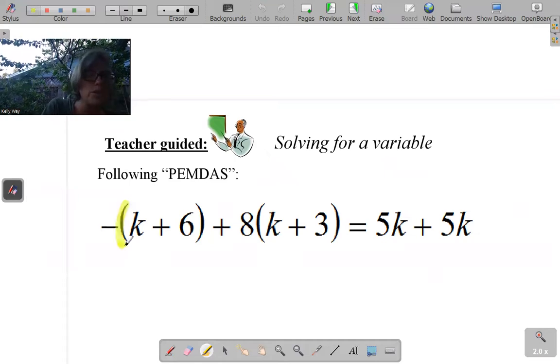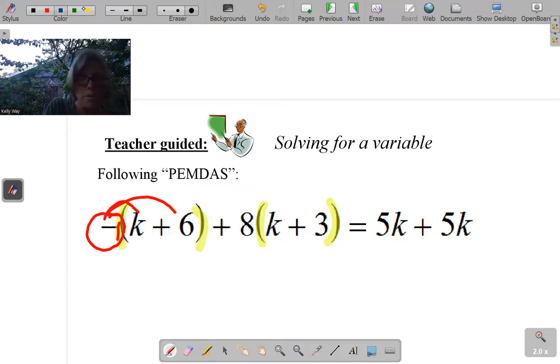When you deal with distribute, I always want you to circle distribute. Circle distribute. Do not distribute in your head. So for example, this negative sign technically is -1. I'm going to circle distribute. Same thing here. Grab that sign, +8, circle distribute.